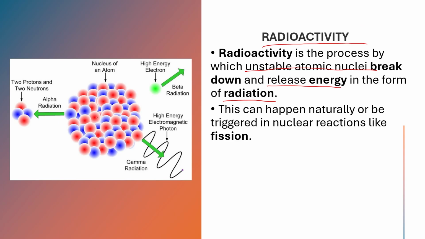Now we can see this process that unstable nuclei actually undergo decay or breakdown to produce new elements with actually release of energy. We've not demonstrated here some key equations, but that's what happens in radioactivity.